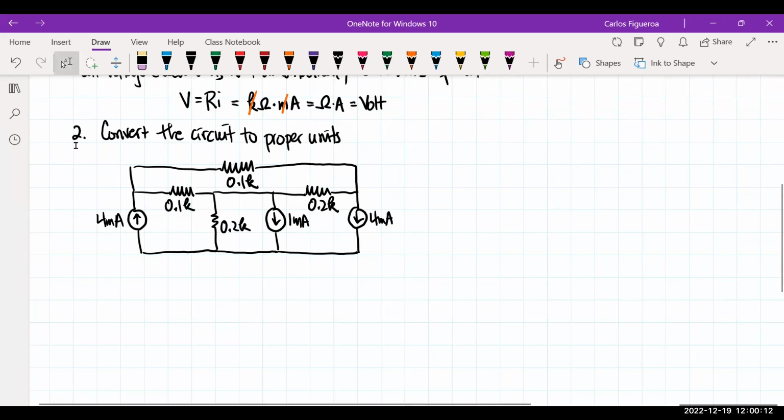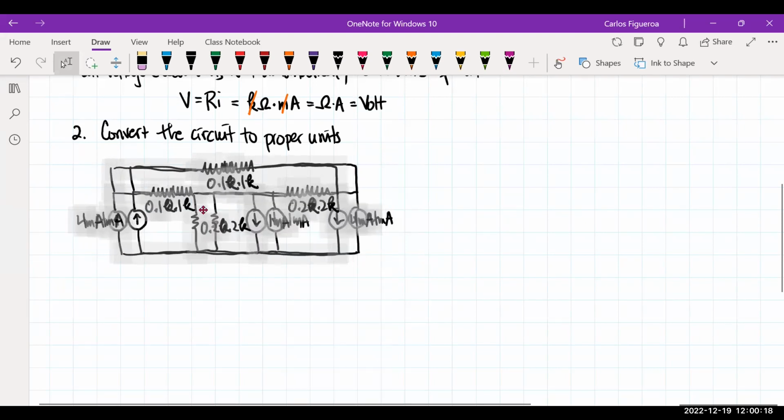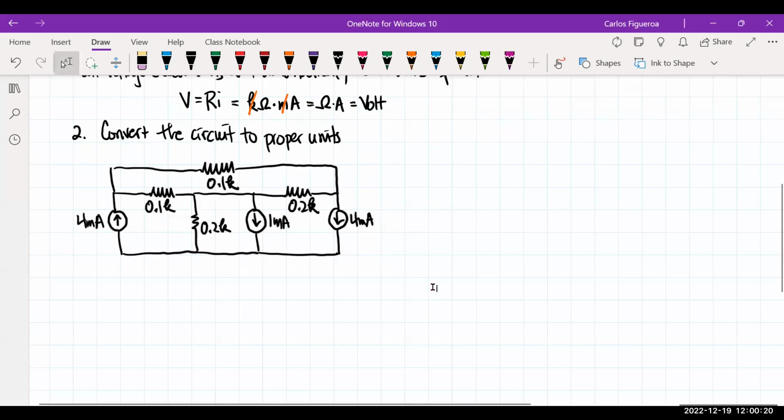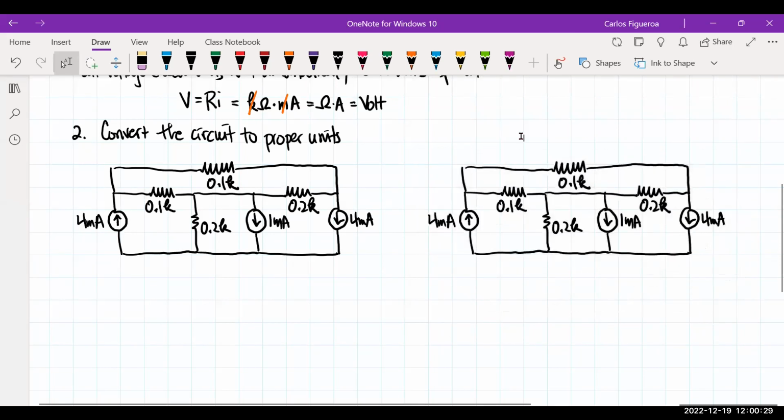So what I'm going to do here is that we don't want to keep units of milli and kilo. So I'm going to come over here and paste this right here. And this is what you want to do: drop all kilo and milli units.